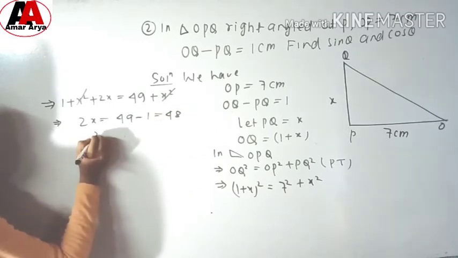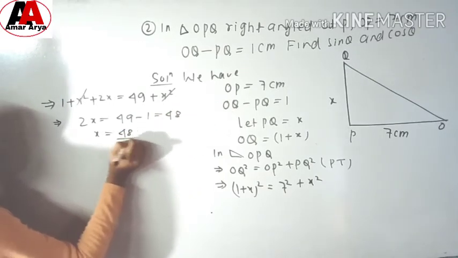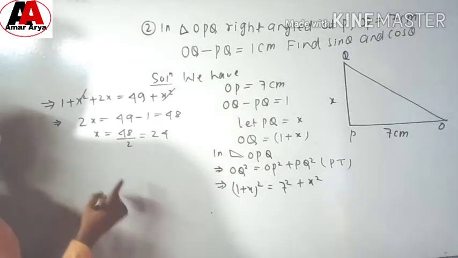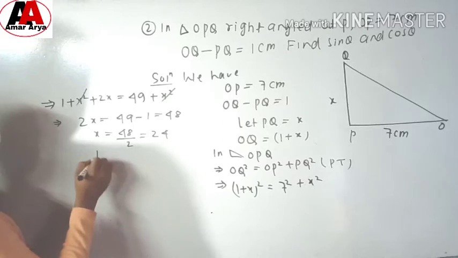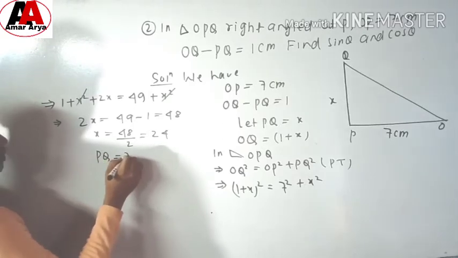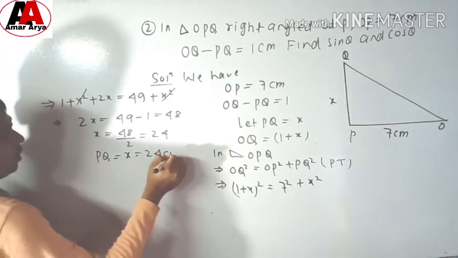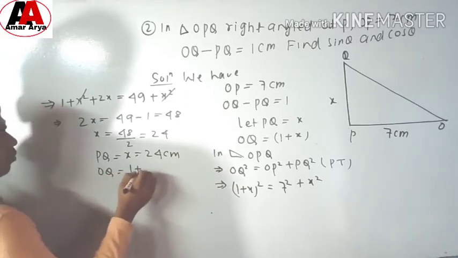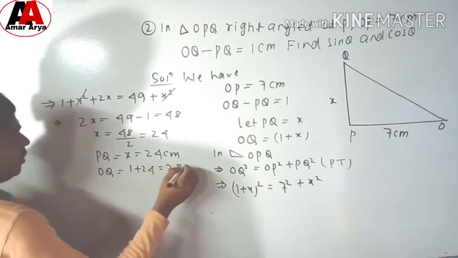So x equals 48 by 2, that is 24. That is the value of x. So PQ equals x, that is 24 centimeter. Okay, and after that OQ means 1 plus x, we can write 1 plus 24, that is 25 centimeter.